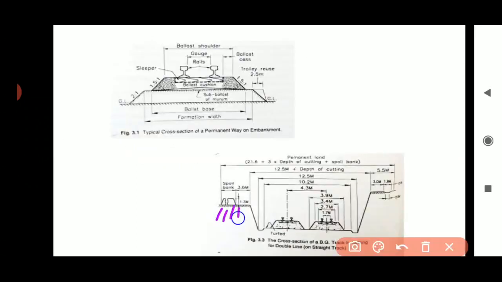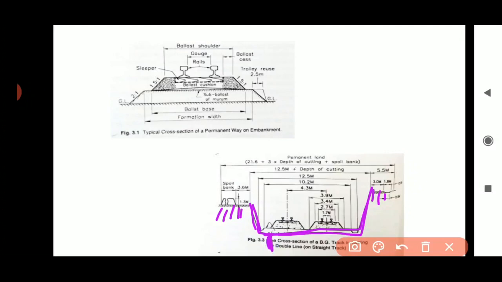But here you can see this is the natural ground, and we excavate the earthwork and provide the formation at this bottom. Here this formation is below the natural ground, so it will be called the cutting, and here we provide the railway track at the cutting.